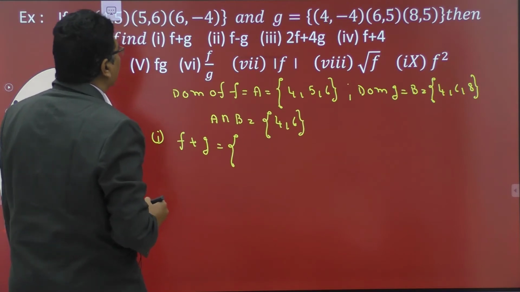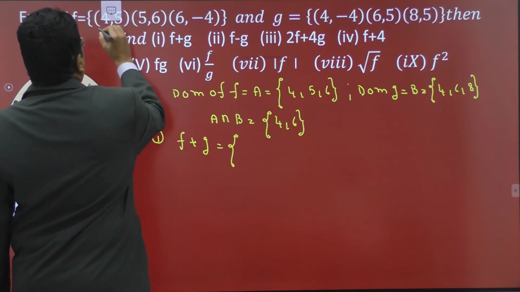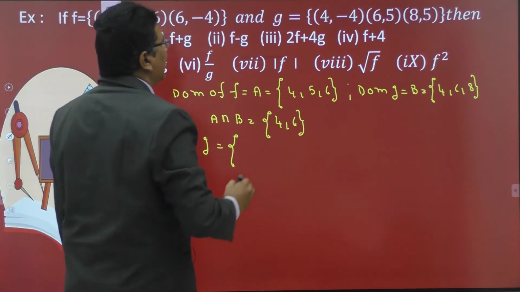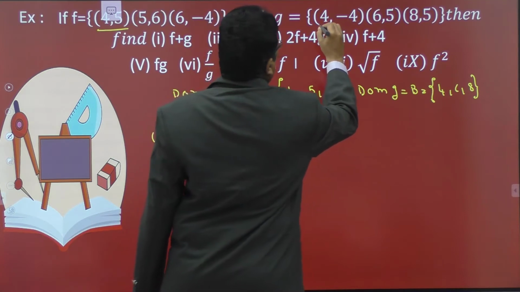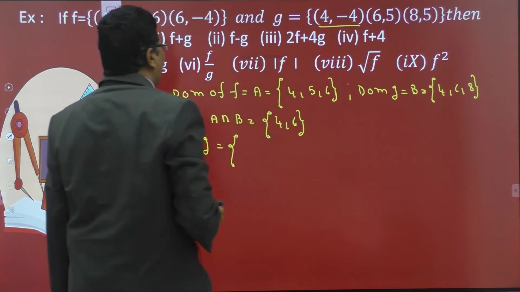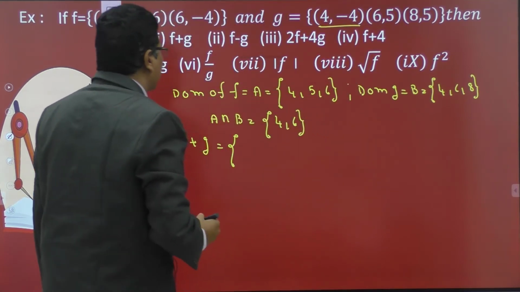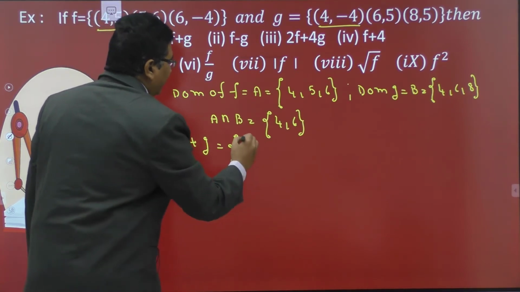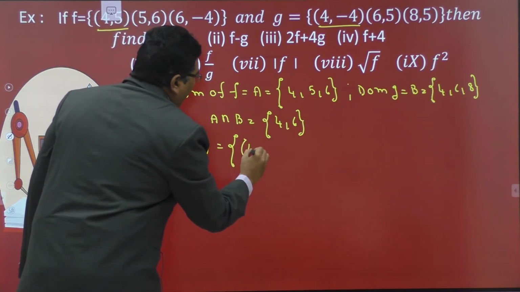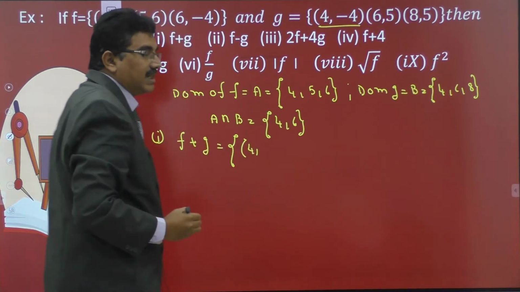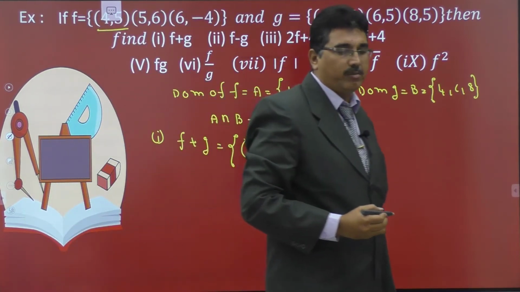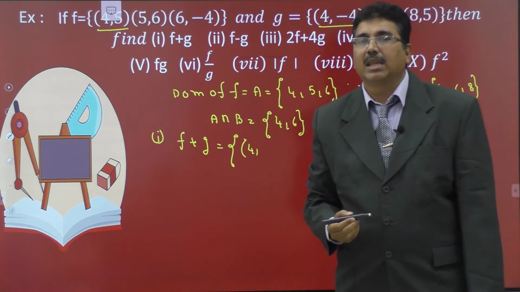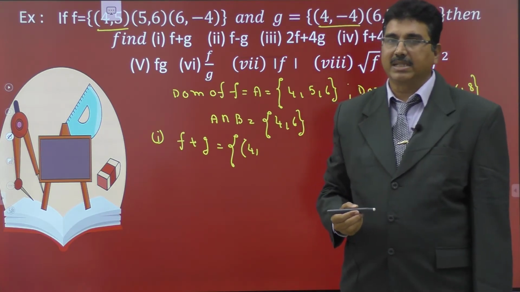Here, this is the ordered pair (4, 5) and this is (4, -4). The first component is not changed by any operation, since the first components are the domain elements.